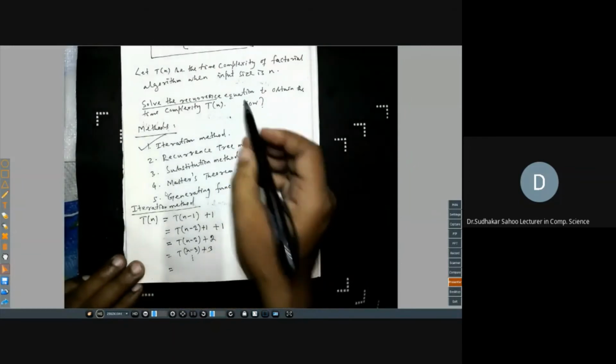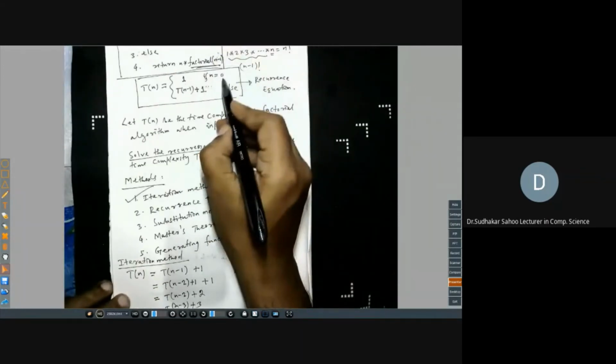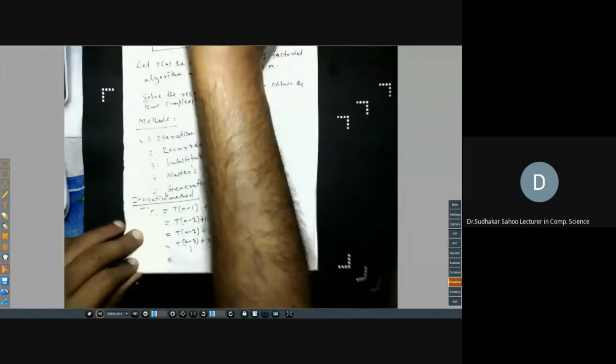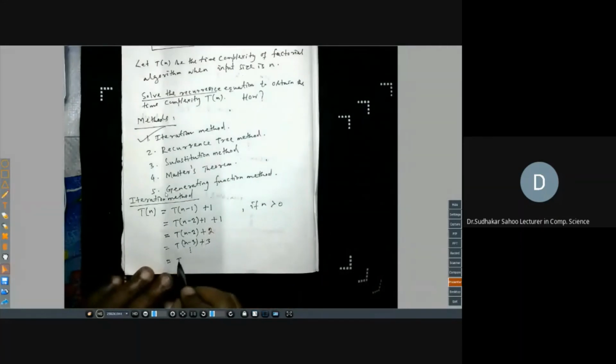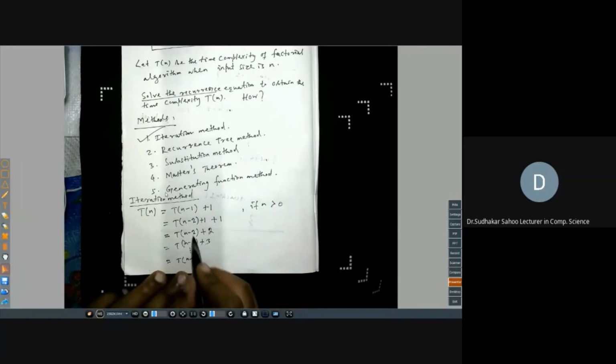So we know if n equal to 0, then it is 1. So finally, it will be 0. When will it be 0? n minus 2, n minus 3, n minus 4, n minus n. When it is 3, it is 3. So when it will be n, this is also n. So this is T(0) + n.